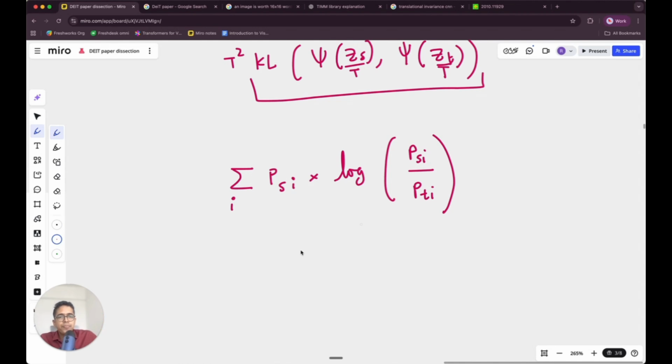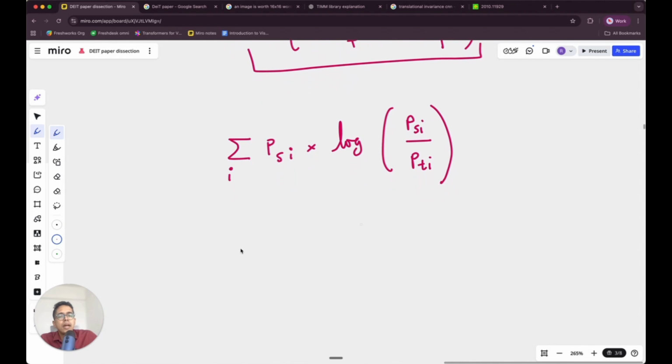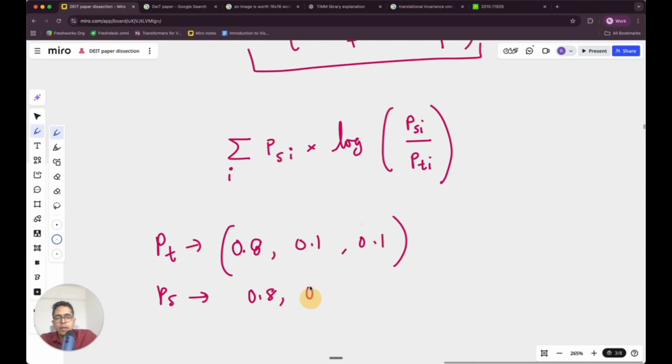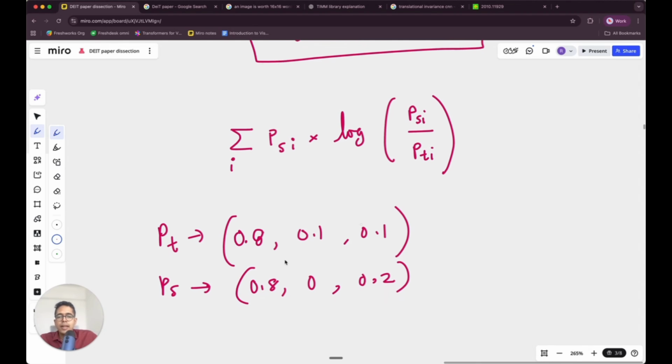But let's say I have a teacher probability like 0.8, 0.1, 0.1. This is the probability distribution from the teacher. Let's call it PT. And let's say my student is saying something like 0.8, this is fine, but this is 0 and this is 0.2. In this case, look at this.